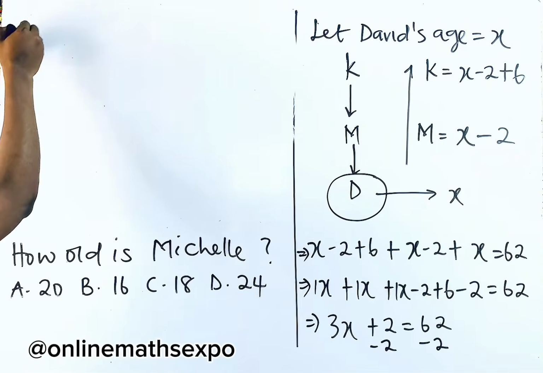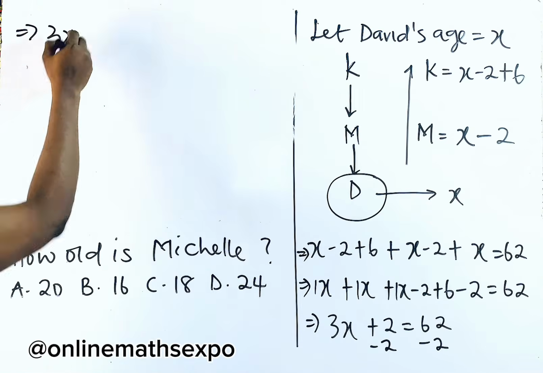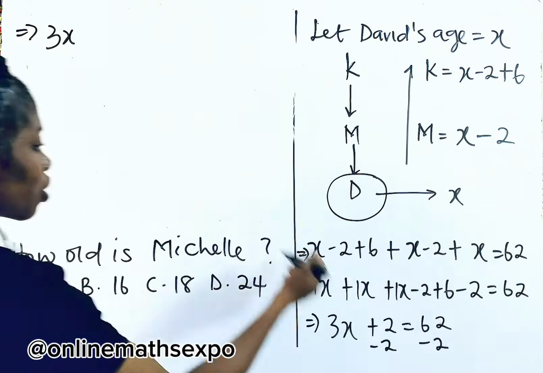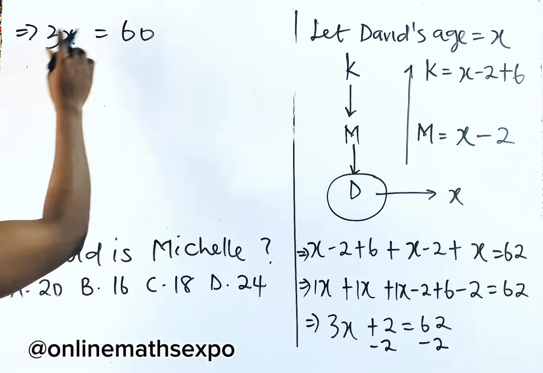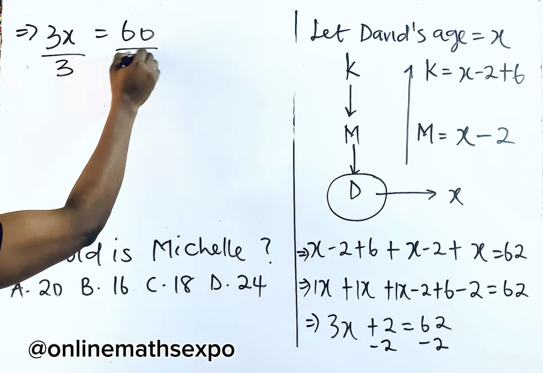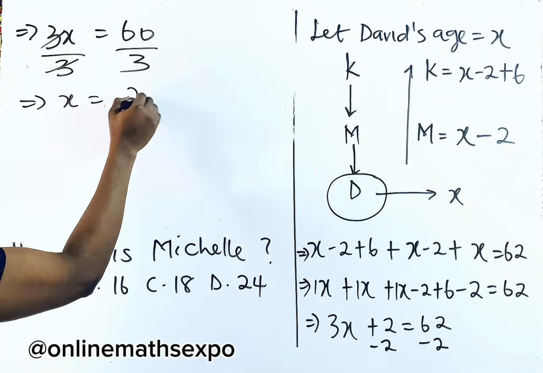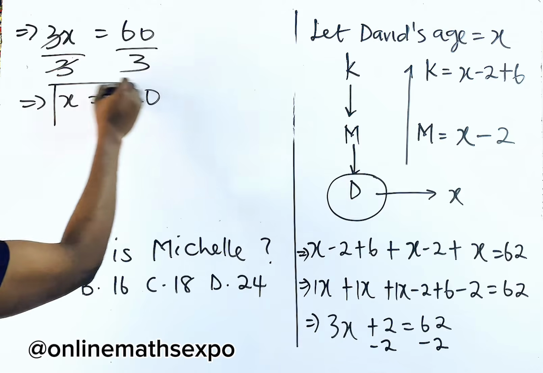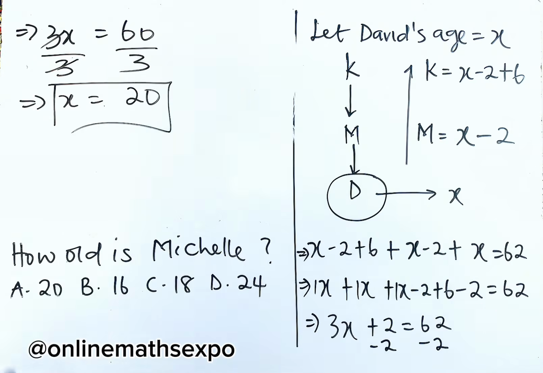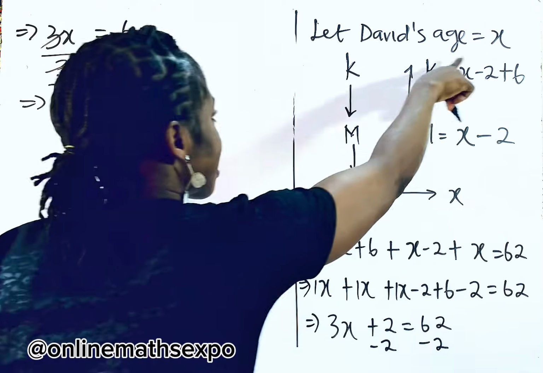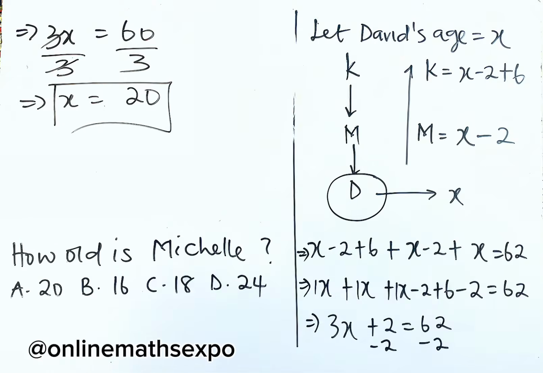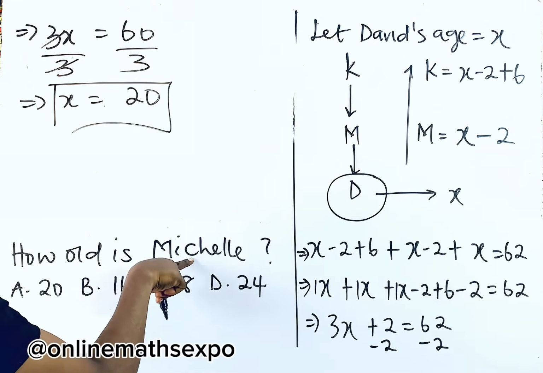When you do that, we have 3x. If you subtract, this is gone, this will give us 60. So to get x, divide by 3. When you do that, x is going to give us 20. But the question is, who has this x? We said earlier, x is for David. Now, if x is for David, the question is asking about Mitchell's age.